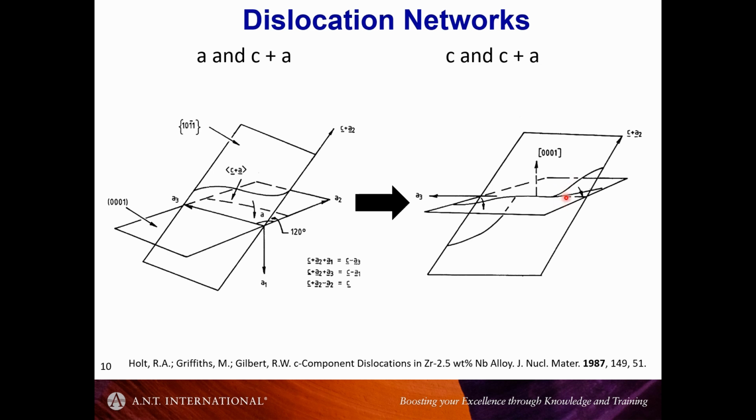Basically the two dislocations zip up, just like a zip. You can zip them one way if you apply a stress in one direction, and unzip them if you apply the stress in the other direction. But this network, when there's a sufficiently high density, also serves to harden the material.